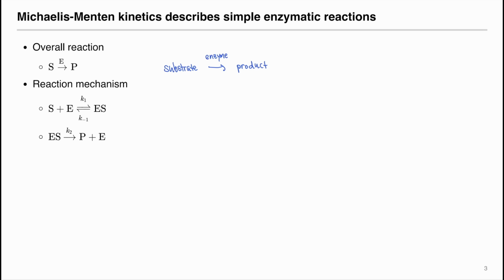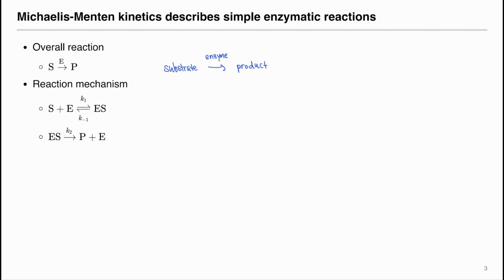And the enzyme is not consumed, but it is within the reaction mechanism. The reaction mechanism would be the substrate binds to the enzyme and forms a complex. And this reaction is reversible and has a forward rate constant of k1 and a reverse rate constant of k-1. After the complex has formed, it will irreversibly go to the product and release the enzyme.